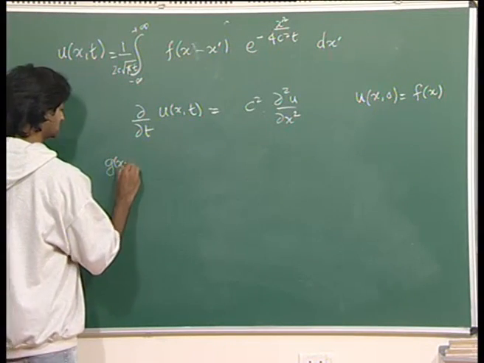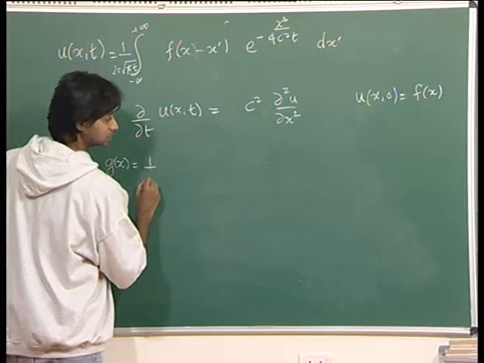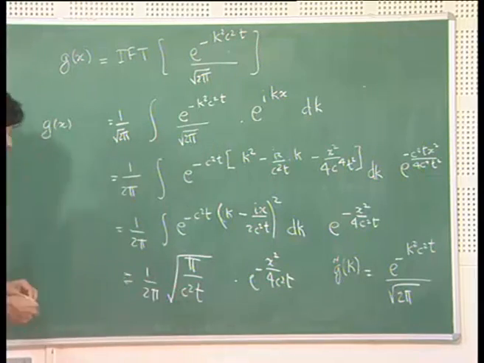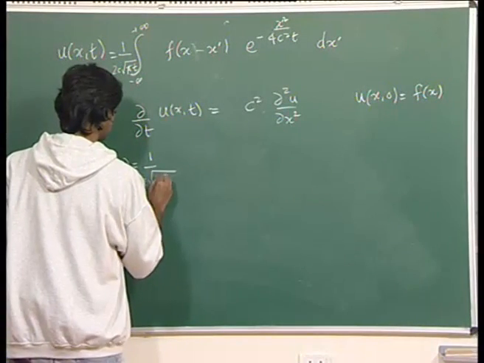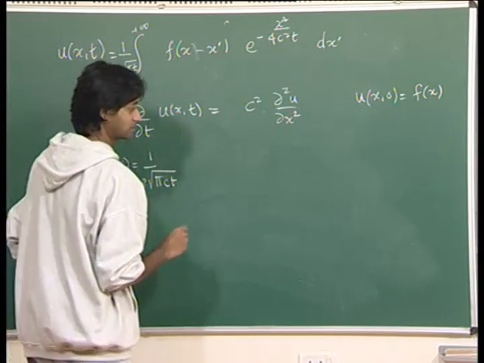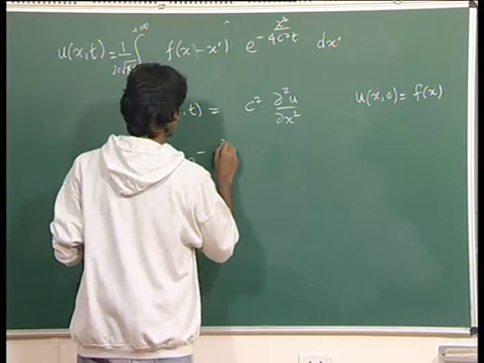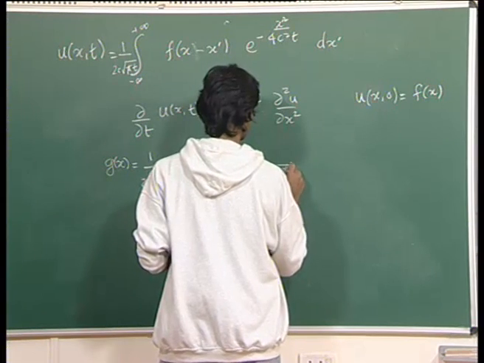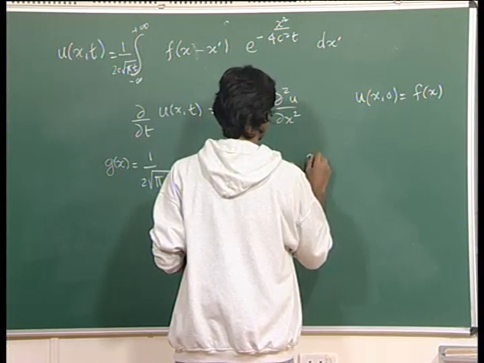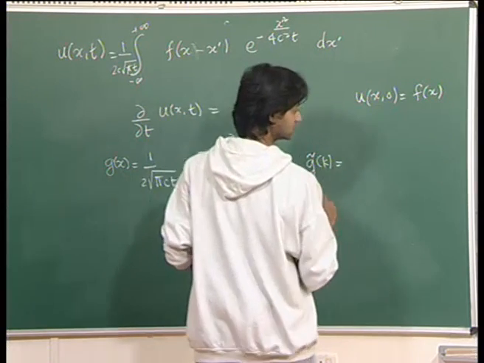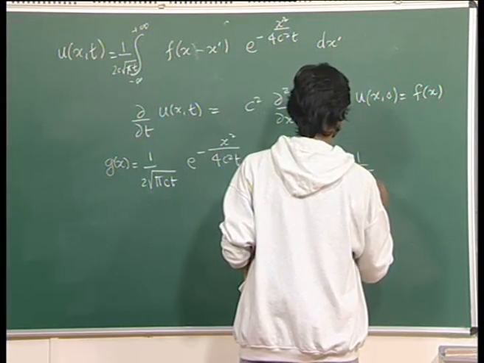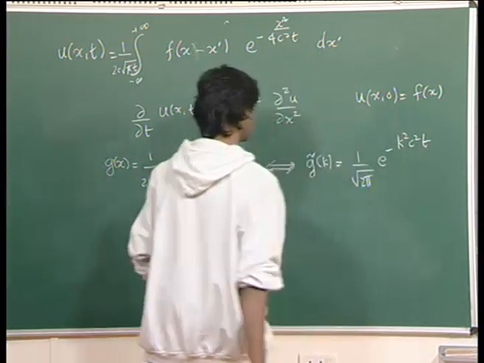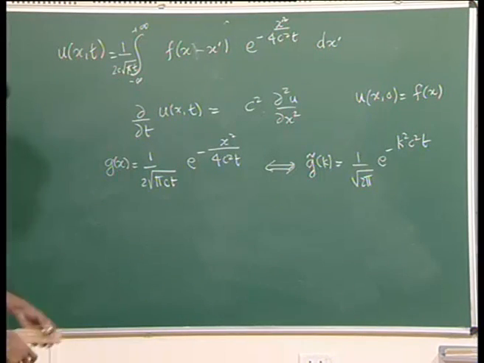So if g of x is equal to 1 over 2 pi, I can take this pi inside, 1 over 2 root pi c t e to the minus x square by 4 c square t, then this gives you g tilde of k is equal to 1 over root 2 pi e to the minus k square c square t. Okay. So g tilde as a function of k is also this.